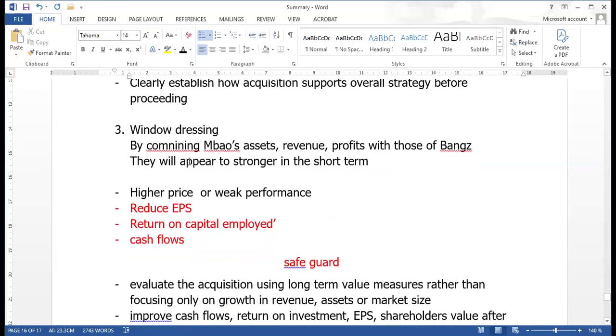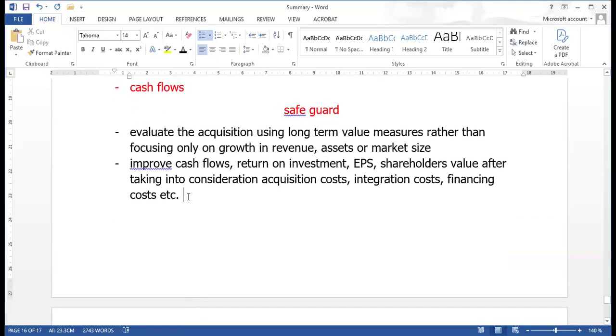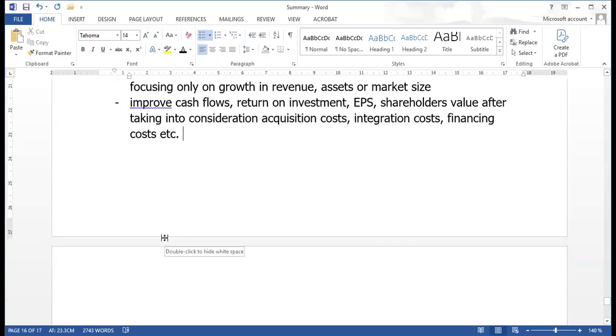The picture now is good, but in the long run that picture may be weakened. That's what we are talking about. With window dressing, the financial statements look good. You overstate the revenue and understate the expenses to improve your profit.